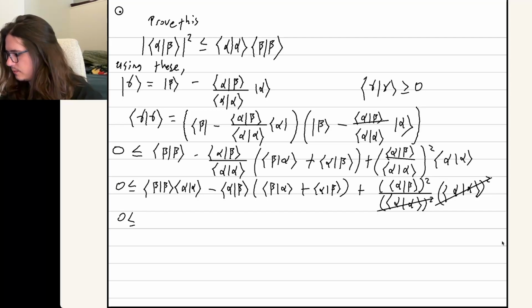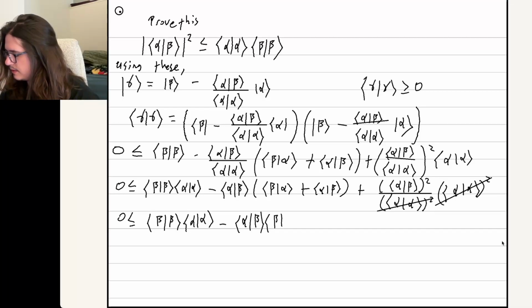And we will carry out the multiplication of the middle term. So we're going to have alpha with beta times beta with alpha minus alpha beta squared plus alpha with beta squared.